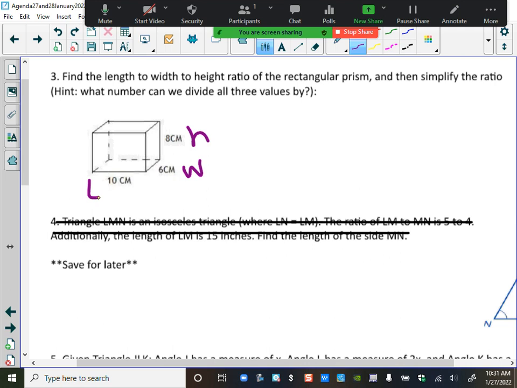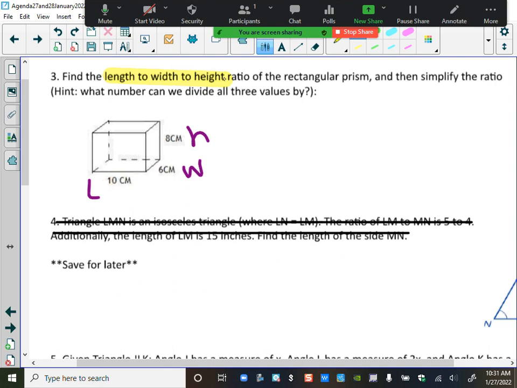Here's where you have to be careful. It's all about the order. So this might be a time when, if you have highlighters, you want to underline. Now, I like how you designated height, width, height. That's all good here. You go 10 for the length, 6 for the width, 8 for the height.